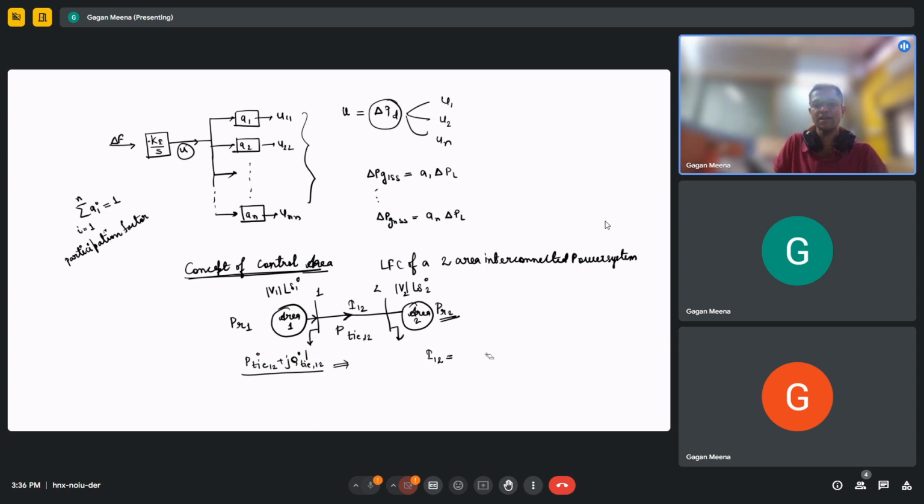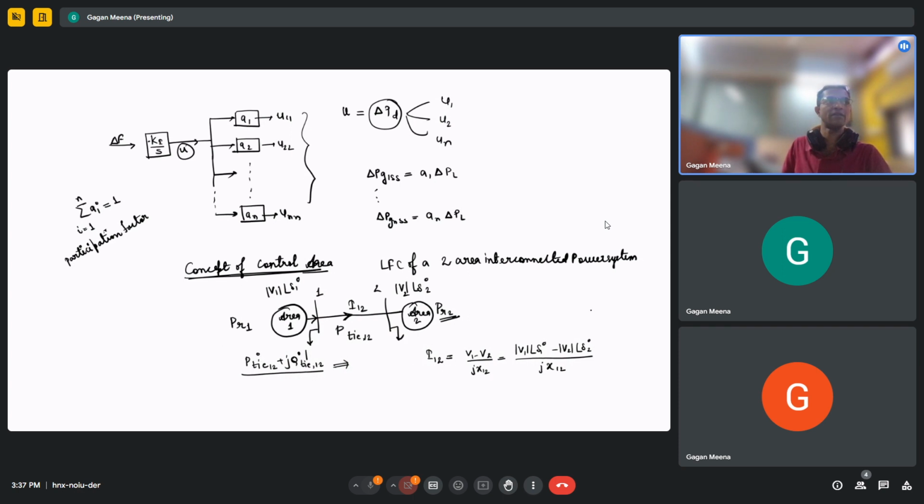So here we can write I12 is equal to V1 minus V2 divided by jx12, and V1 is V1 angle delta 10 minus V2 angle delta 20, divided by jx12.